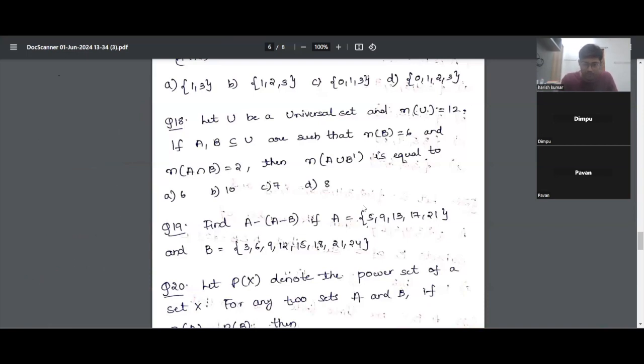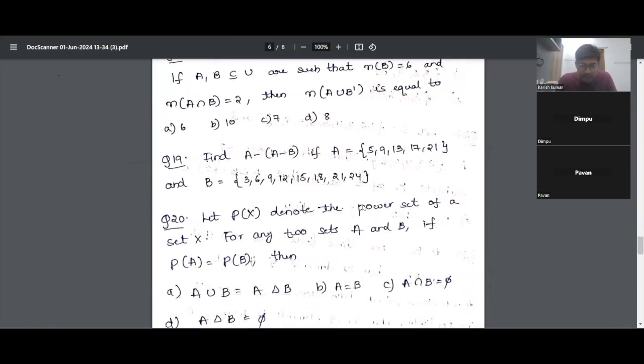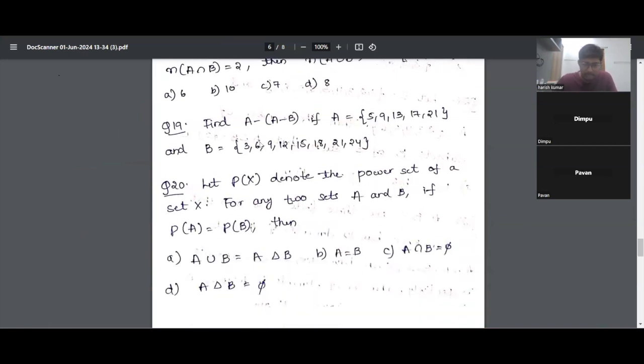All right. So find A minus B. I think this is easy, right? You can do this, right? Yes, sir. So what is A minus B? The elements should be present in A but not in B, right? 9 is there in B, so I will not take this. 13 is not there, 17 is not there, 21 is there.